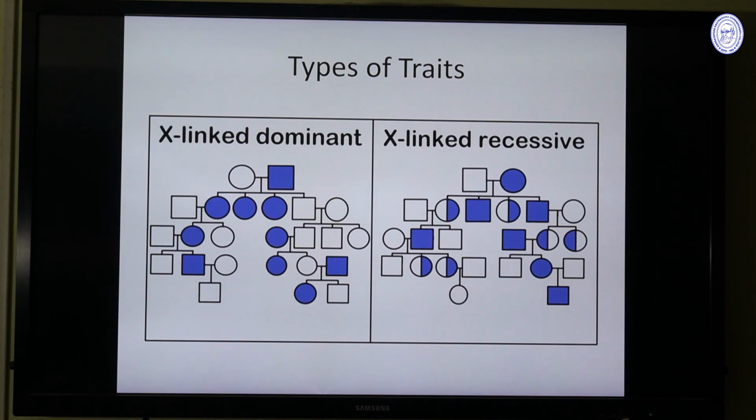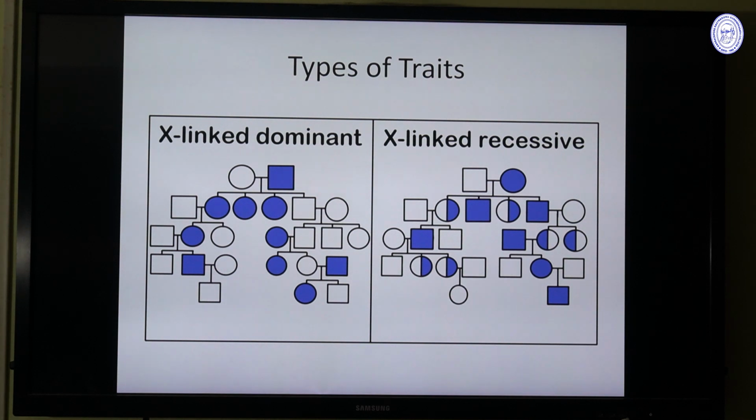Now these are two examples of X-linked inheritance. One is dominant, another is recessive. Here you can see that the father who has a defective X chromosome, and that is a dominant one, has passed this characteristic to all his daughters, but the son is unaffected because the son carries the Y chromosome from the father.